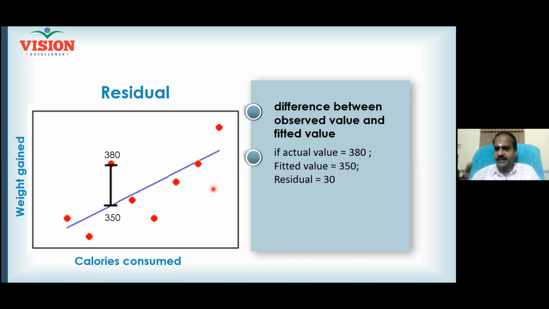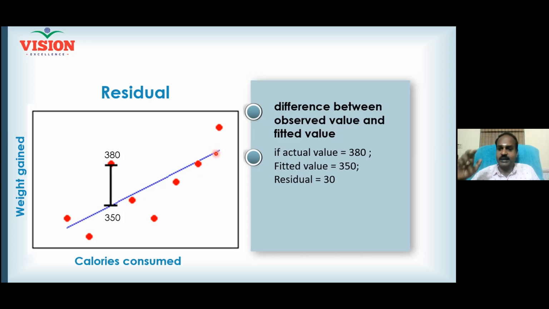Do you want the deviation to be higher, or do you want the deviation to be lower? Lower. What is your requirement? Lower deviation. It should be lower. If it is lower, my equation will speak about the reality better.